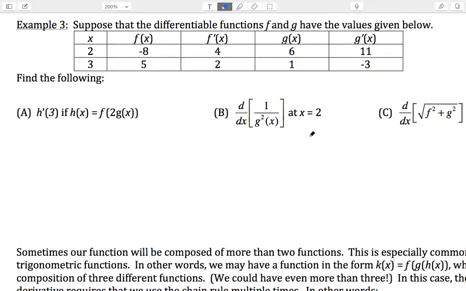So write out the derivative first. Don't fill in numbers yet. So what is h prime of x going to be?